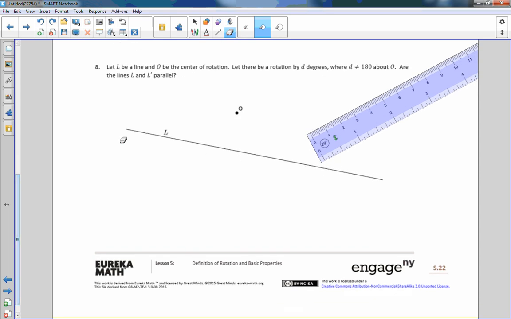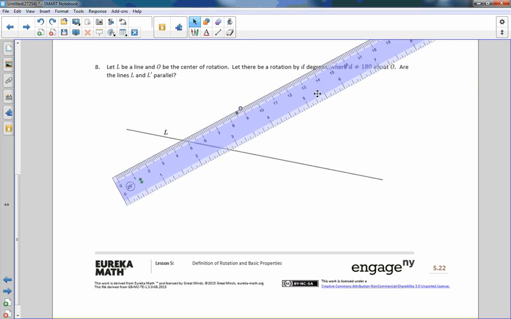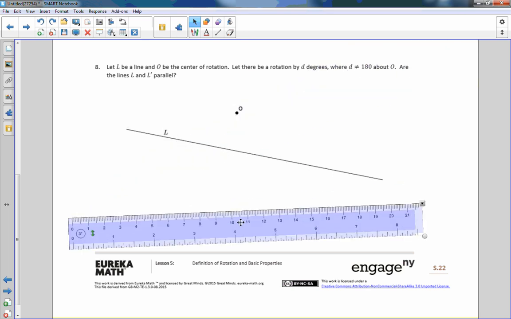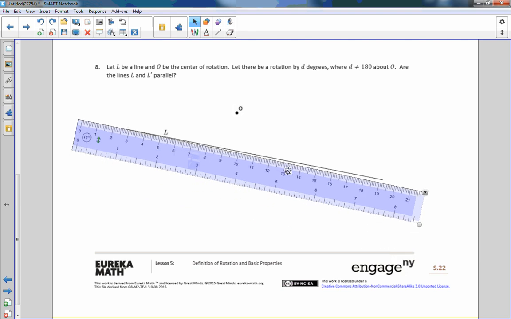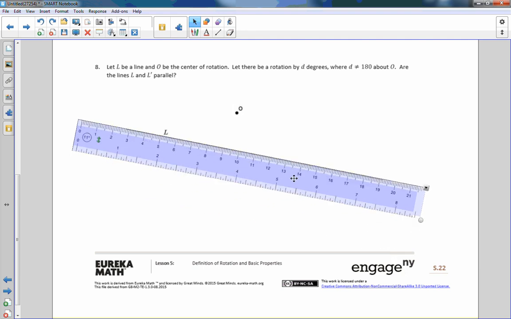Number 8 says, let L be a line and O be a center of rotation. Let there be a rotation by d degrees where d does not equal 180 about O. Are the lines L and L prime parallel? So I'm going to get my ruler, rotate it so it is parallel, so I can copy the line.